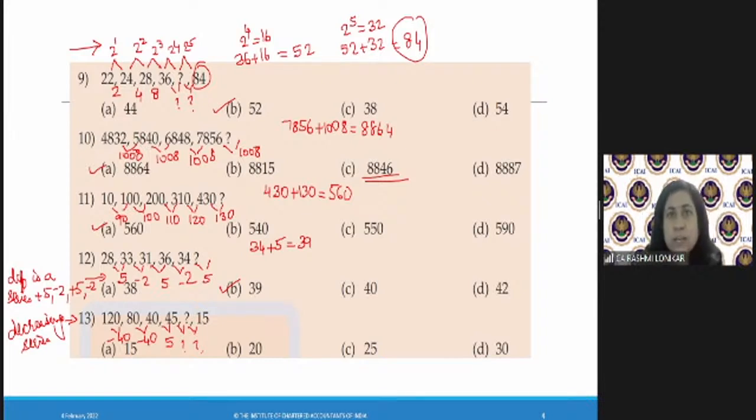Now, here is where your tables come into the picture. When I see in the reverse direction, what will I get? This is 15, question mark, 45, 40. Am I getting any answer?